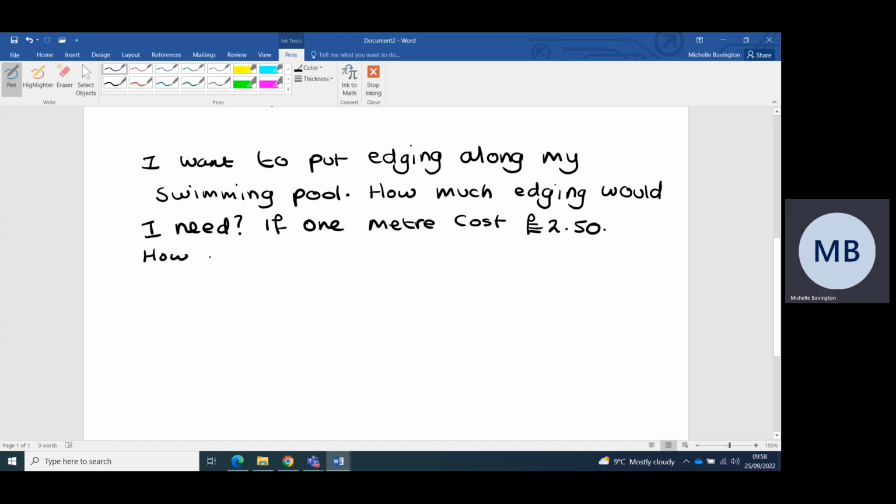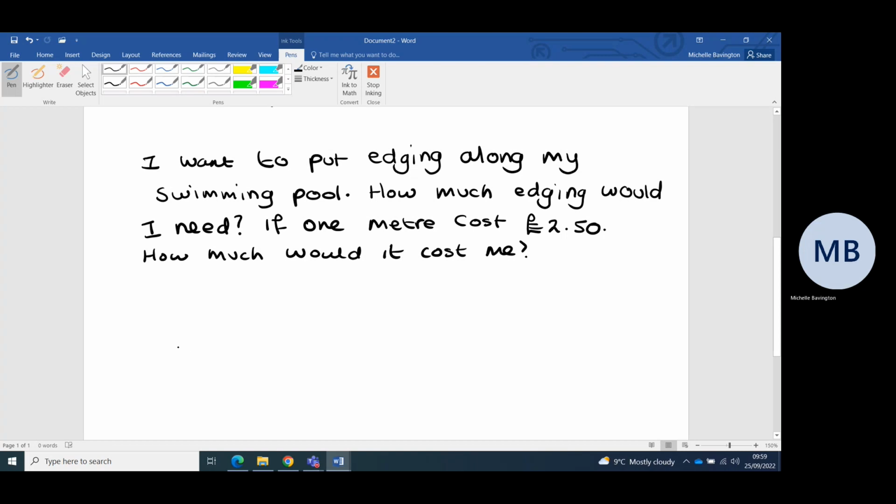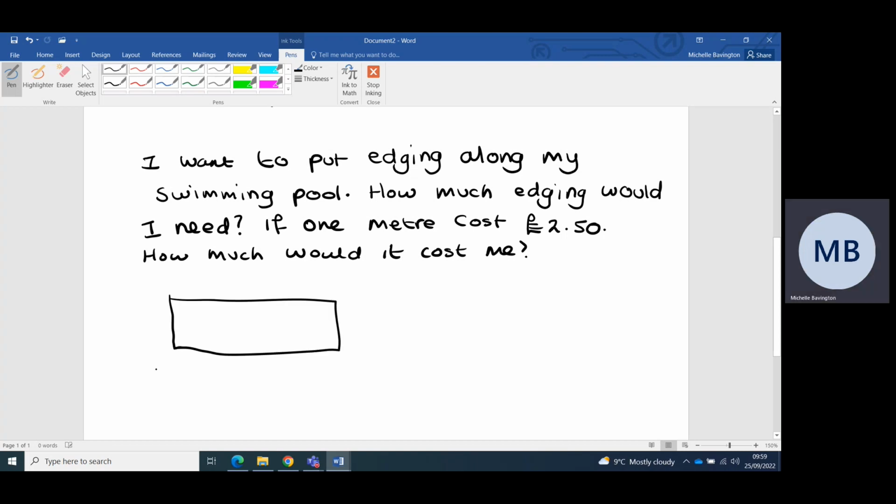How much would it cost me? Right, so here's my little diagram. Bit wonky, but never mind. And this is 6 meters, and this is 3 meters.